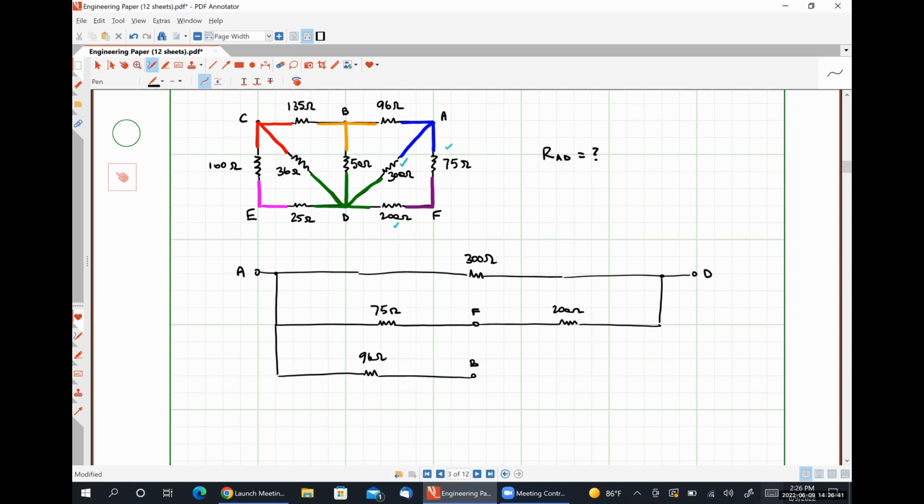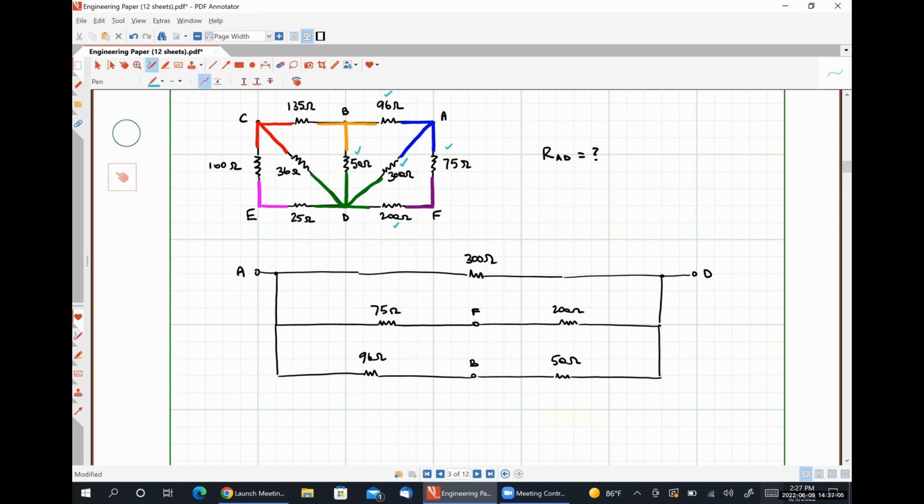And I can go from node B directly to node D through the 50 ohm resistor. And put my little check marks by these two resistors.